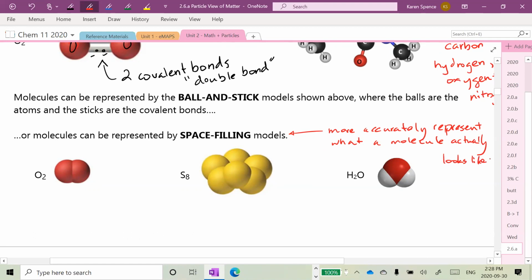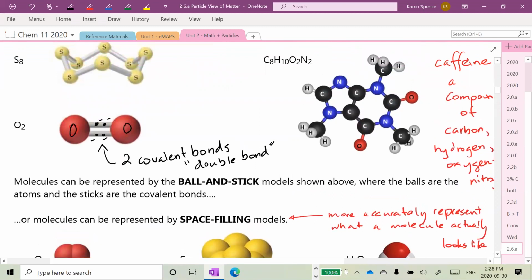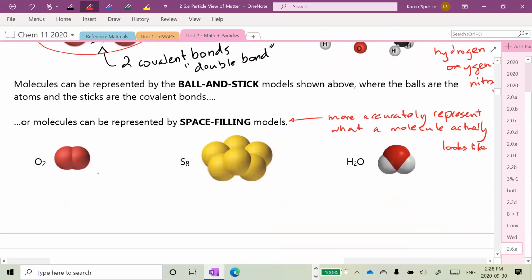However, they both have their advantages, because it's kind of nice to see, oh, look, oxygen has a double bond, which you can see up here. It shares 2 pairs of electrons. You cannot see that in the space-filling model. So we use different models in different circumstances.